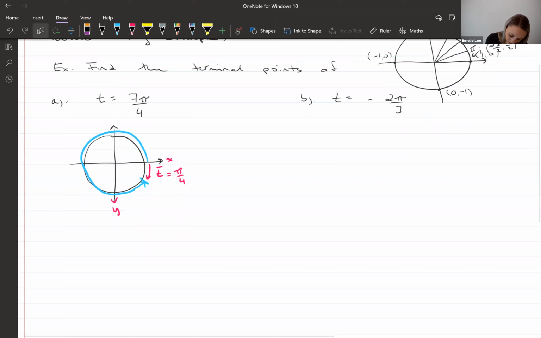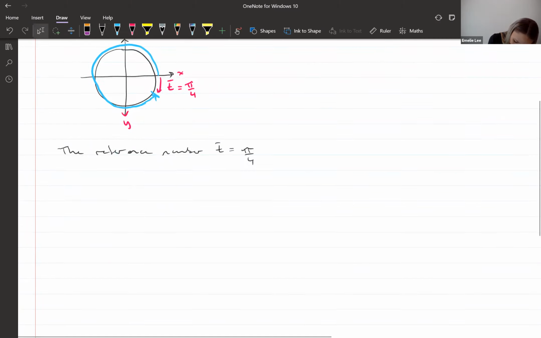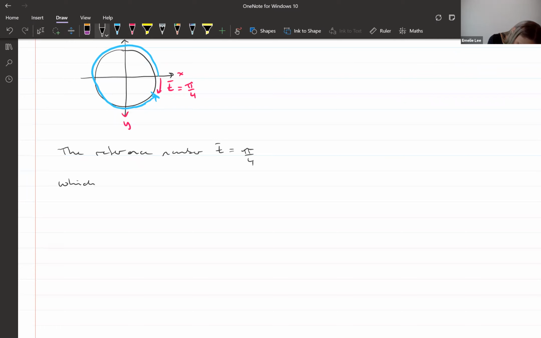So let's see here. The reference number t bar is pi over 4, which has a terminal point at root 2 over 2, root 2 over 2.